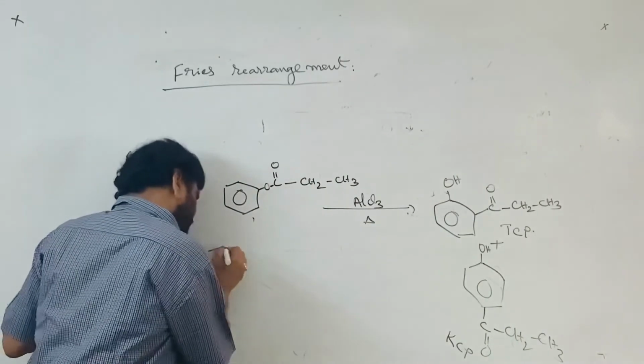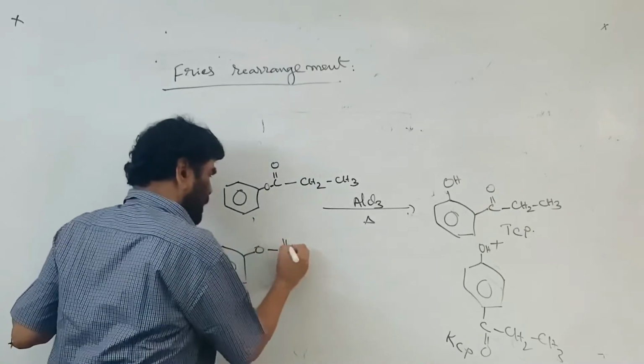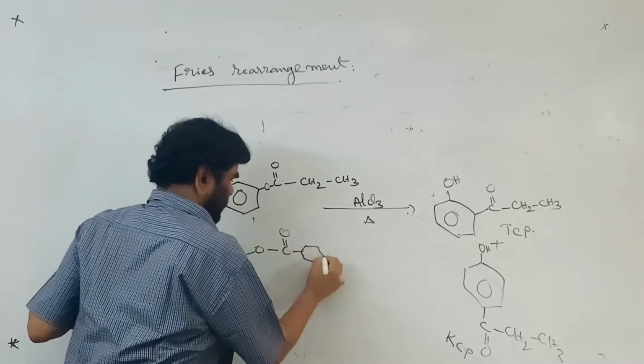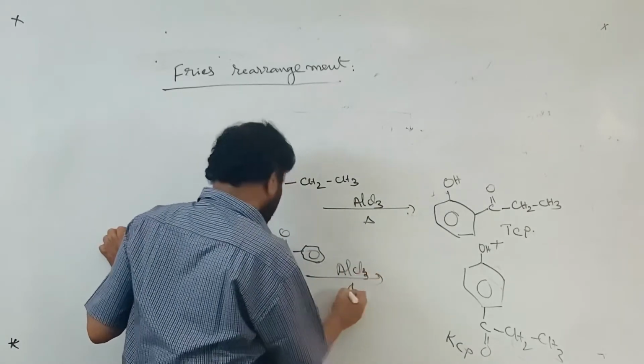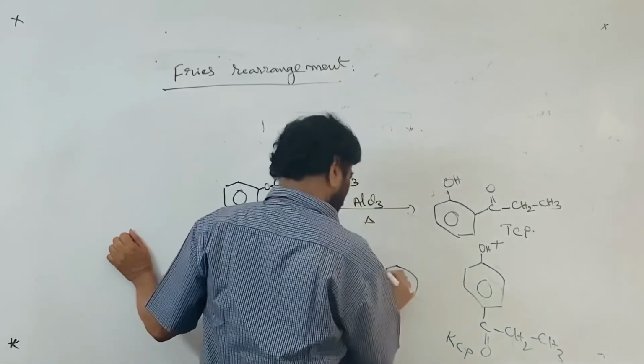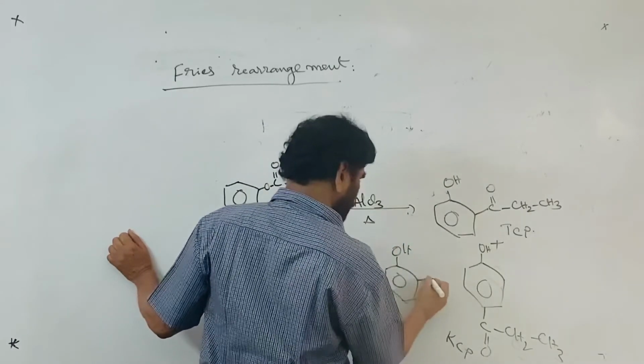Suppose you take phenyl benzoate, then what happens? AlCl3 and heat it. I am taking different compounds, but it is the same: migration of the acyl group, the benzoyl group.